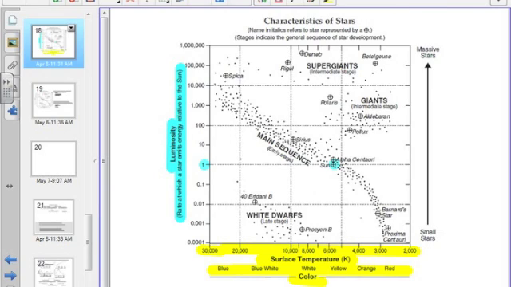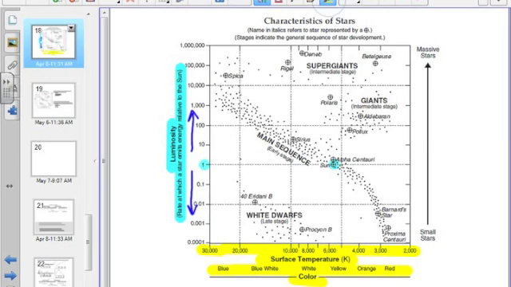So as we evaluate this, any star that would place at a luminosity greater than 1 would be comparatively brighter than our sun. Any star placed at a luminosity less than 1 would be less luminous or dimmer than our sun.